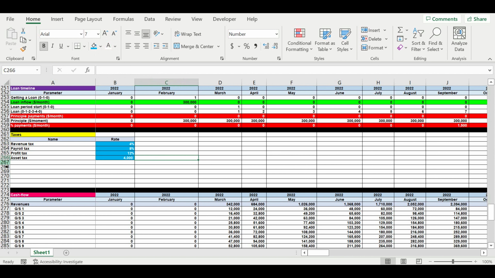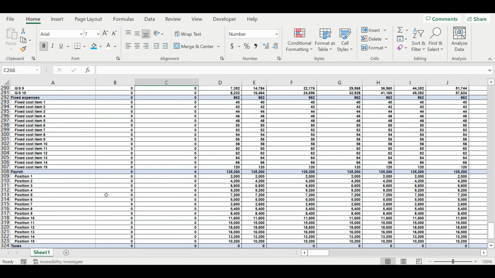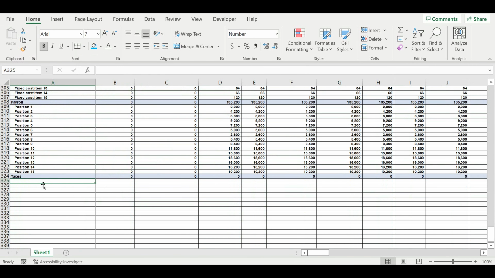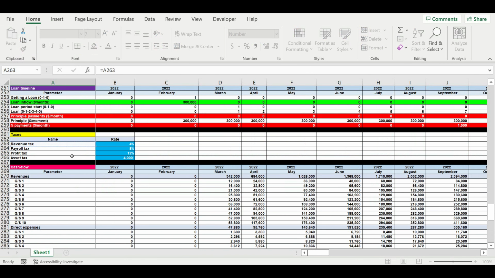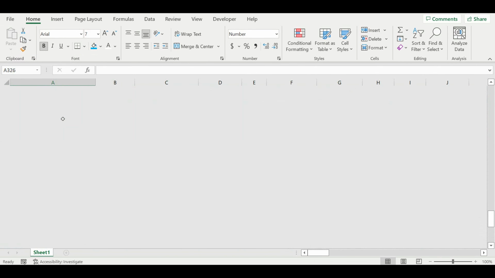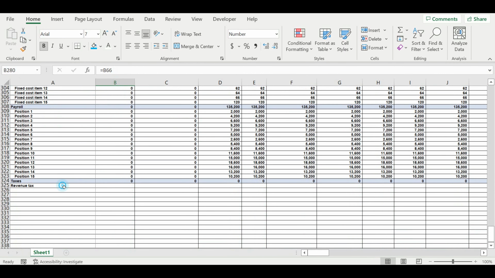So now we are moving back to the cash flow. Do equals. So first of all, we are calculating revenue tax.